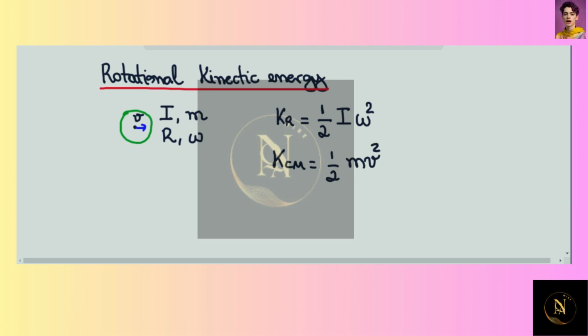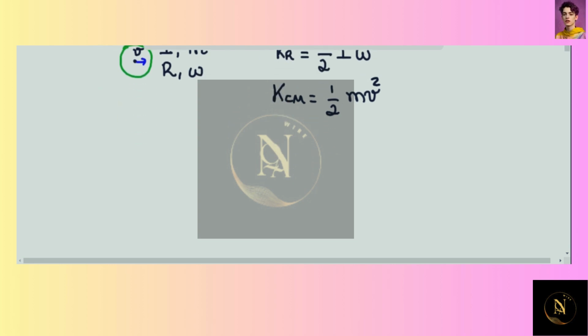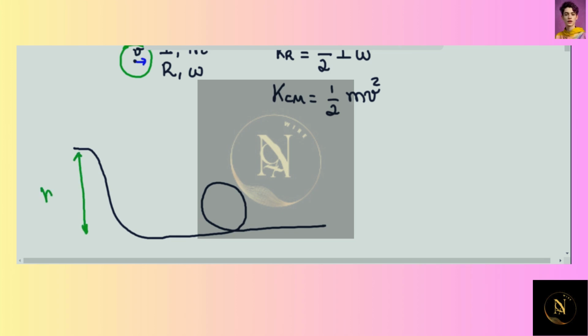Okay. So now we can go on to our exercise. Consider that we have a track as shown here in the picture. Okay, this is the track. It has a height h0.